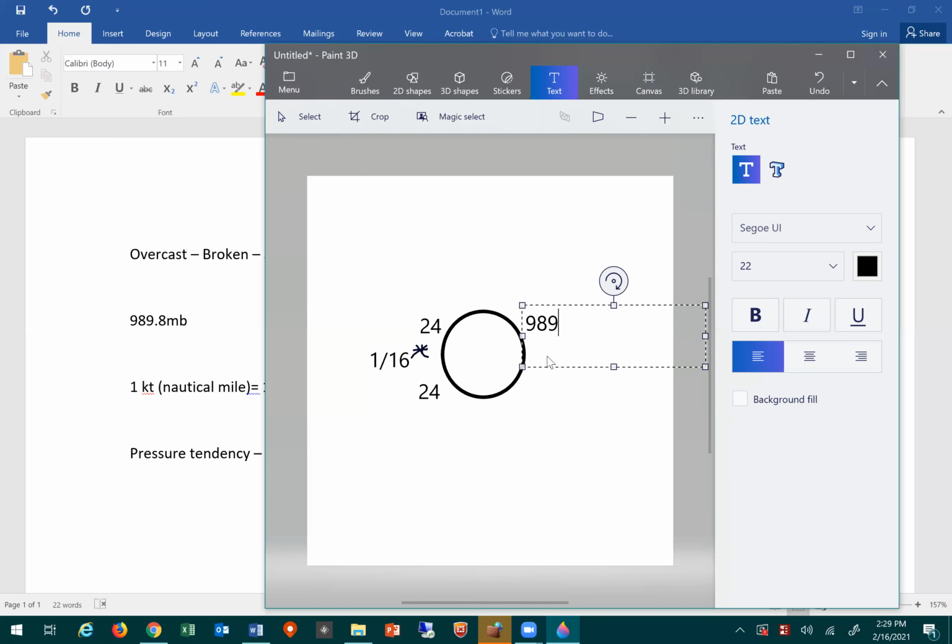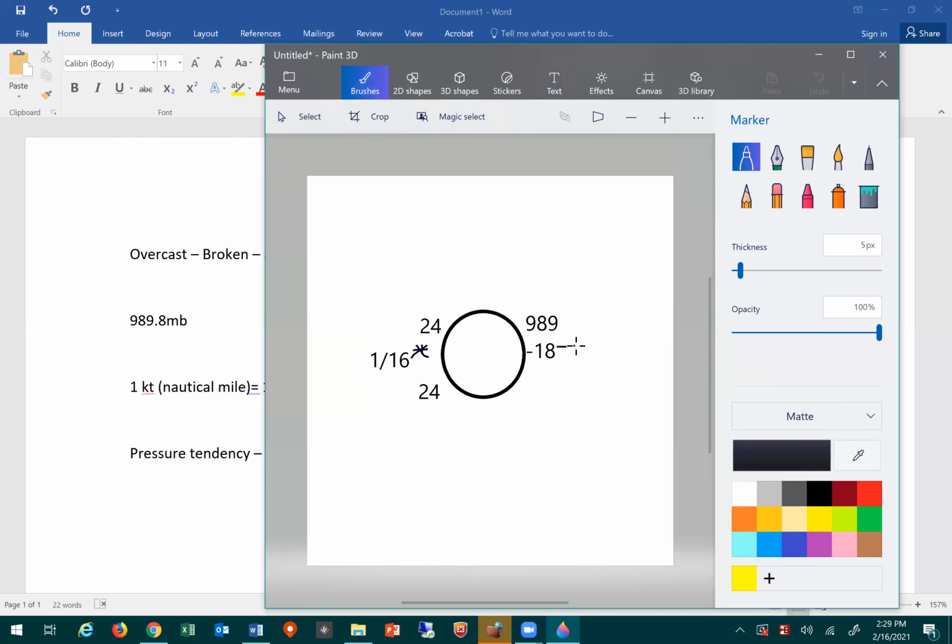Oops. Brush. That's a really horrible thing. Hold on, that's, and then this one.